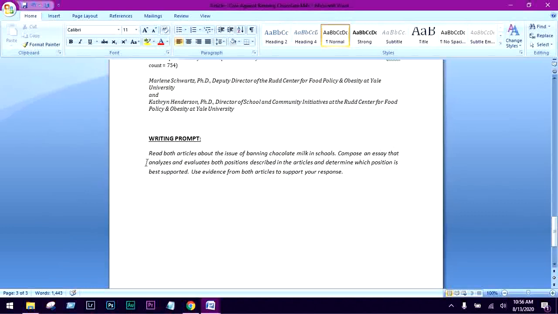Compose an essay that analyzes, I want you to highlight that, analyzes and evaluates both positions described in the articles and determine which position is best supported. Use evidence from both articles to support your response.